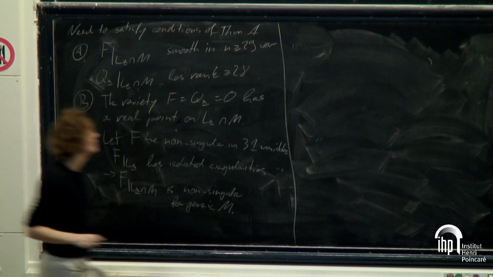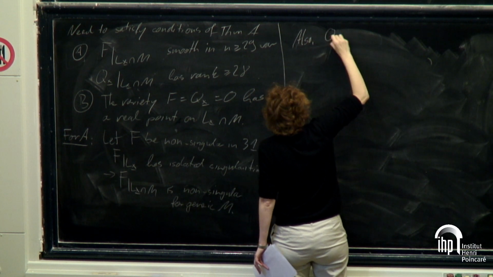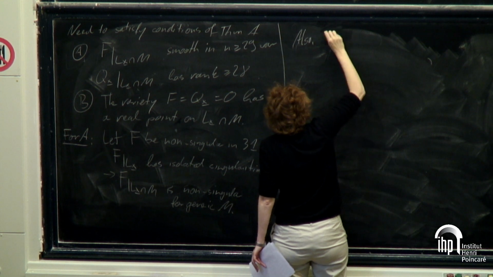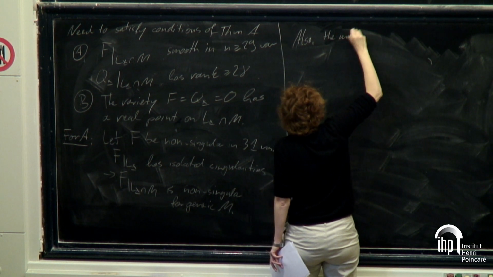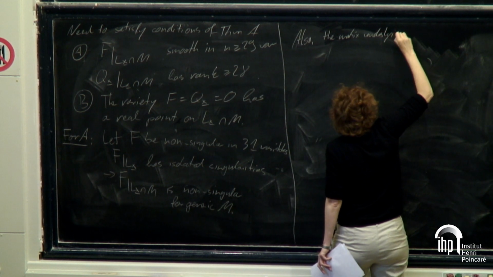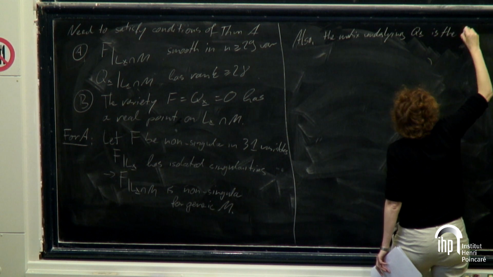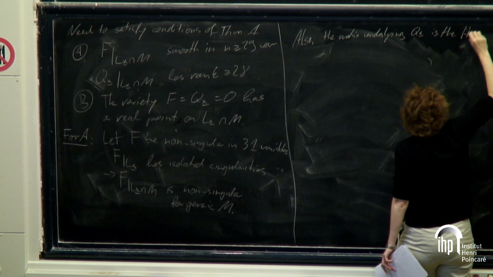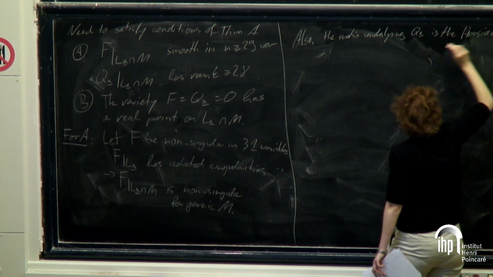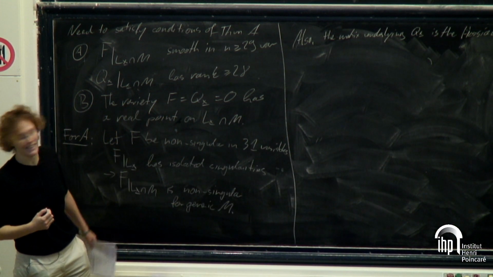So the matrix, if you look at what that form actually is, you see that it's just the Hessian of f in x.